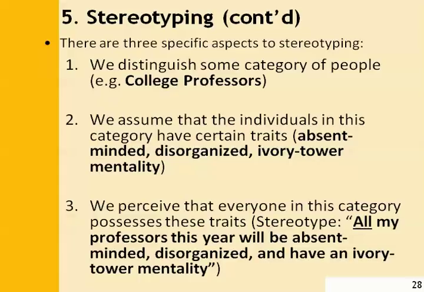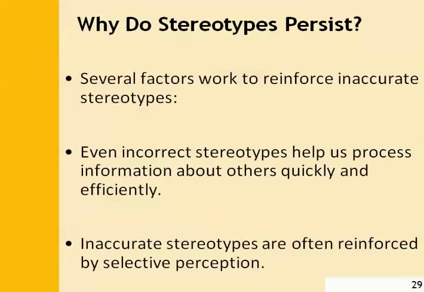Number 3, we perceive that everyone ونخلي بالنا من كلمة everyone in this category possesses these traits. فنقول ايه stereotype بيبقى ازاي؟ بنقول all my professors أو all college professors this year will be absent-minded, disorganized and have an ivory tower mentality.